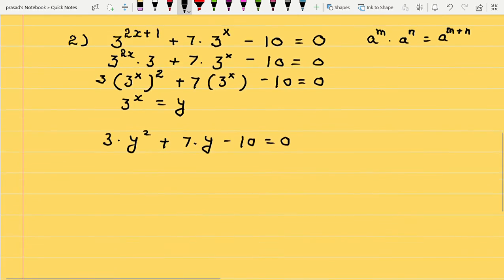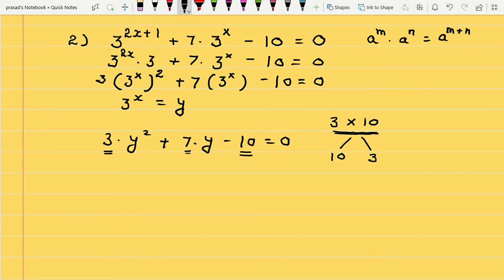So in this case, y square has a coefficient 3 and the constant is 10. So take the product, 3 into 10. The sign of the constant is minus, so factorize 3 into 10 in such a way that the difference is equal to 7. And as you can see here, the factors are again 10 and 3.